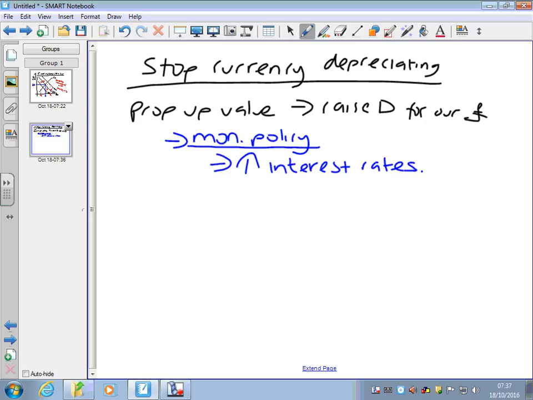And this will make Britain a more attractive place to invest again. So what you will get with this is lots of hot money flooding into Britain, raising demand for our currency. Okay, now what you could also do as well is to use, which you could argue is fiscal policy.